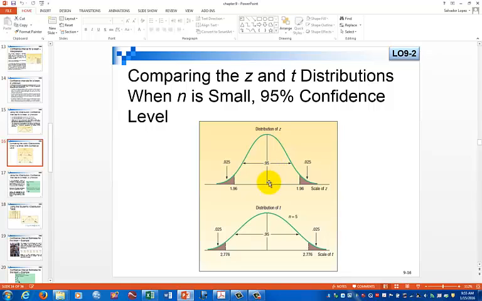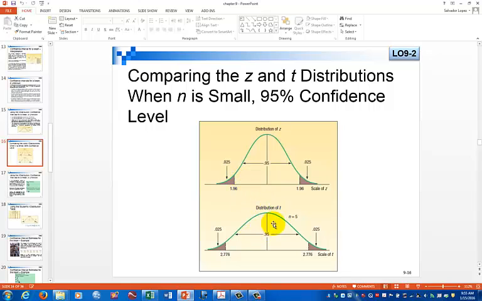Comparing the two: in the z-distribution, when we use a confidence level of 95%, the value found was 1.96 and minus 1.96 here.